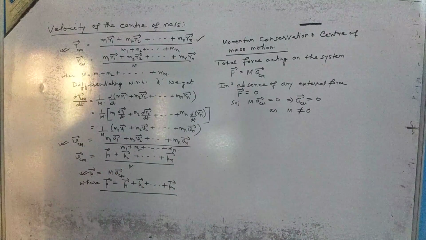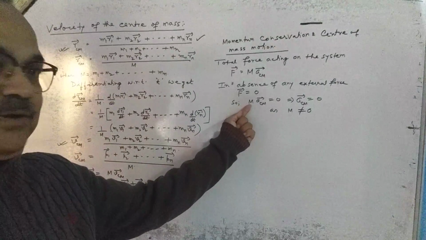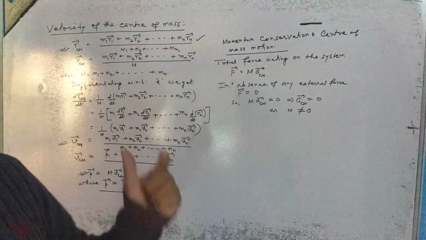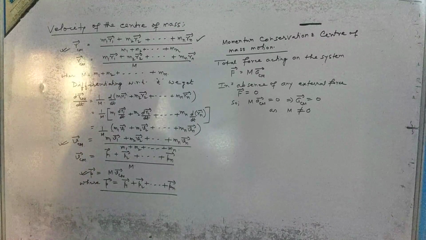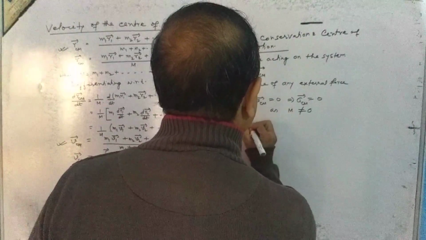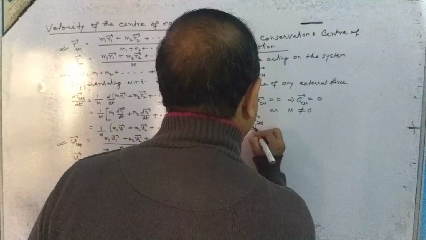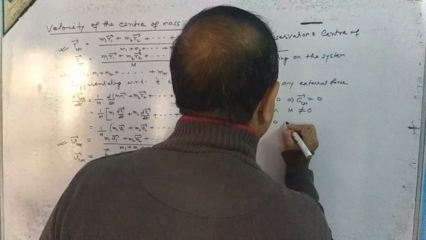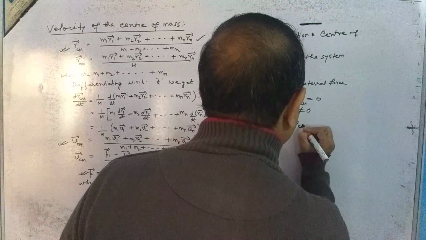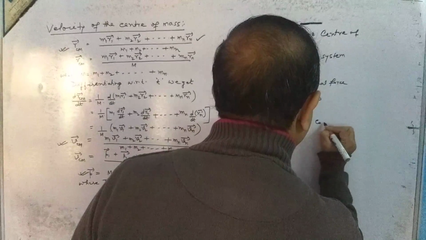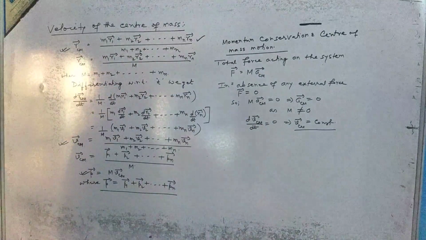Simple mathematics. Either this term will be 0 or this term will be 0, but M cannot be equal to 0. M will certainly have some value. So dV_CM vector by dt equals 0, which implies V_CM vector is a constant with respect to t.